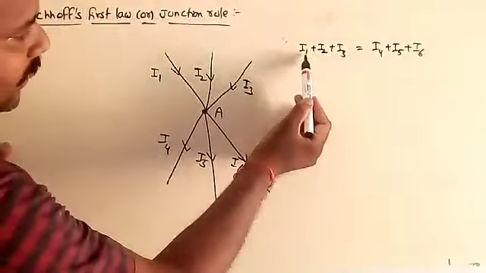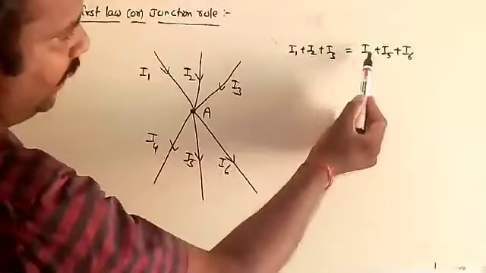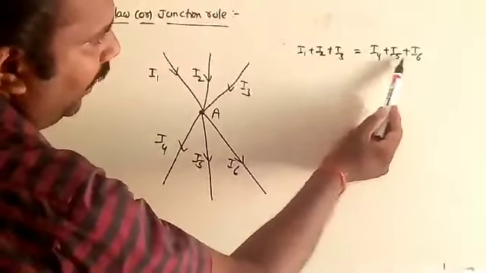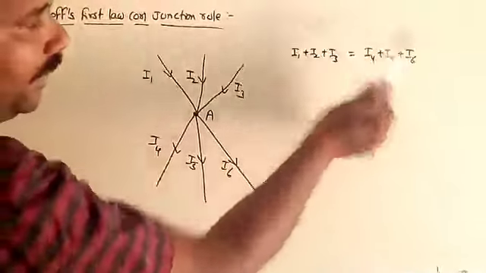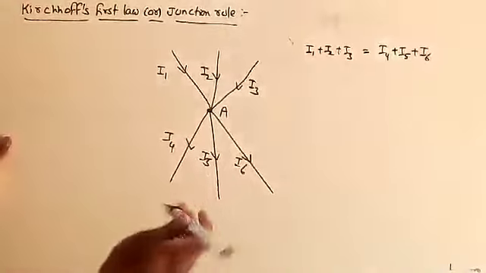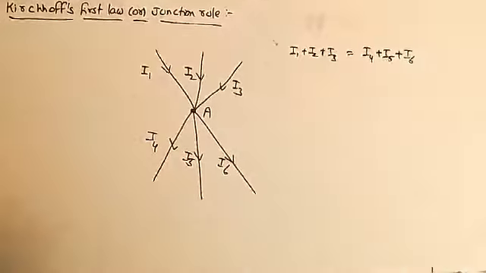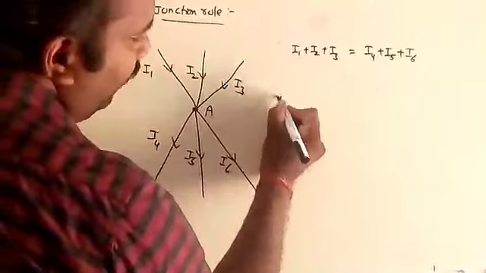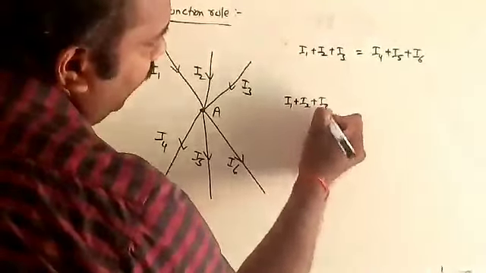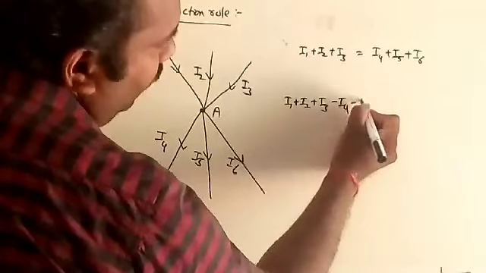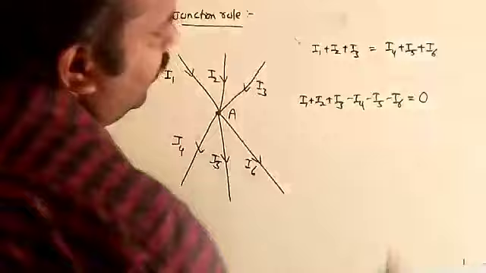So the sum of the entering currents is equal to the sum of the leaving currents. Entering currents you can take with a positive sign, and leaving currents as negative, and the total will be I1 plus I2 plus I3 minus I4 minus I5 minus I6 is equal to 0.